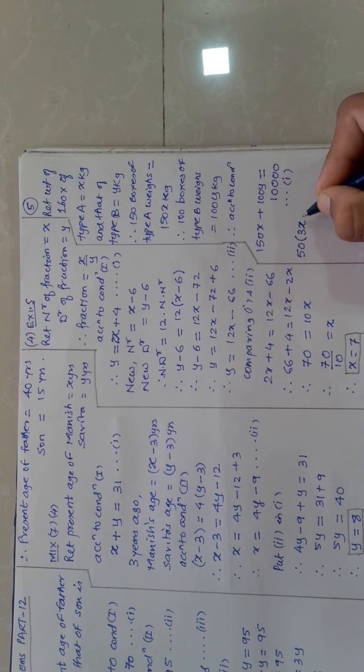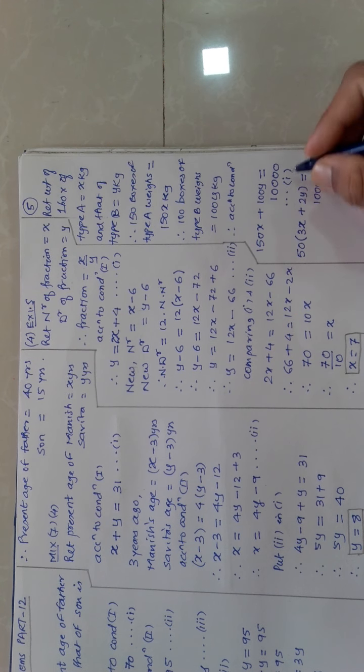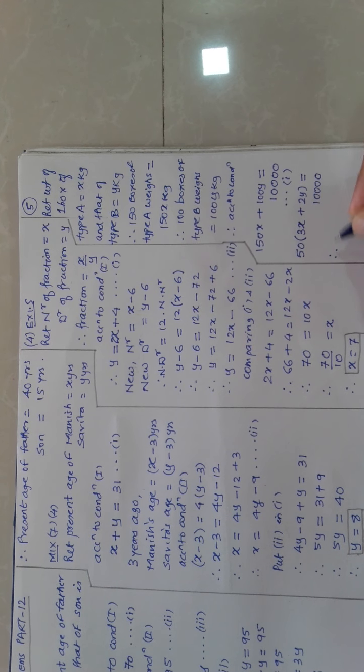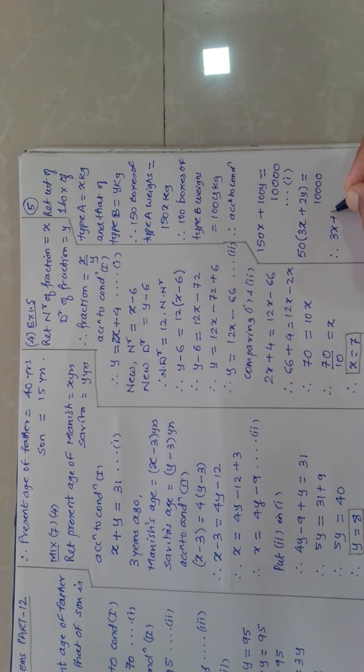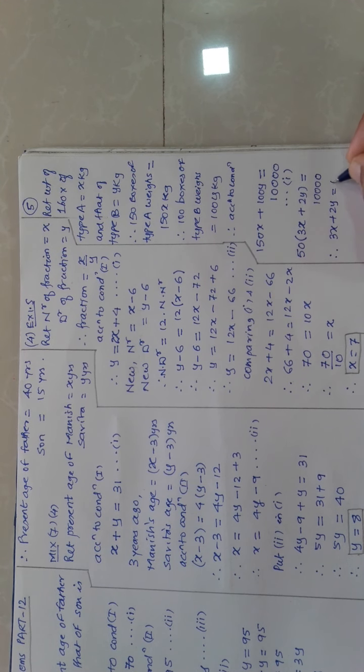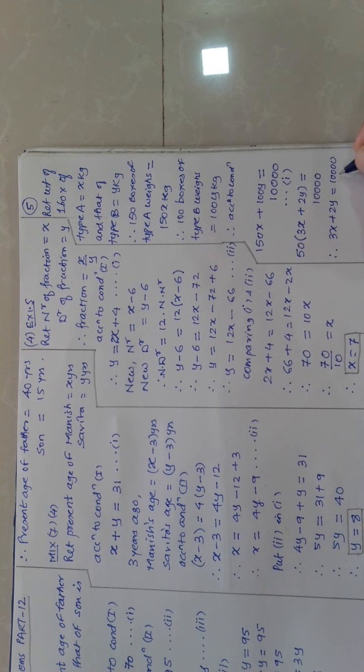So this is 50 into 3x plus 50 into 2y is equal to 10,000. Agreed? This is your 10,000, 4 zeros. So obviously your 3x plus 2y is equal to 10,000 divided by 50.